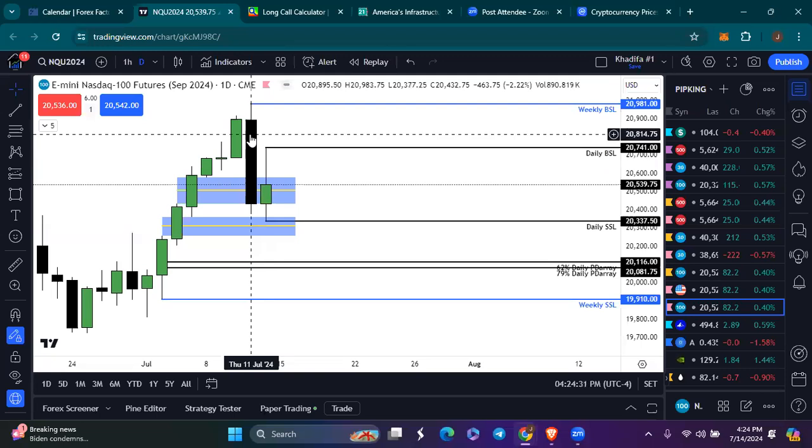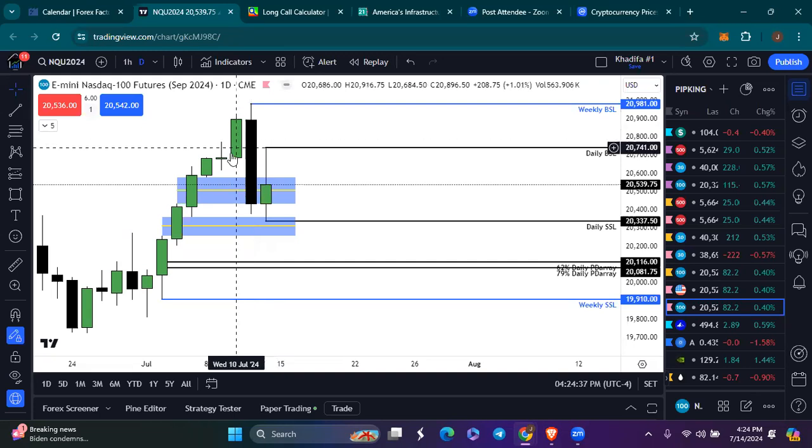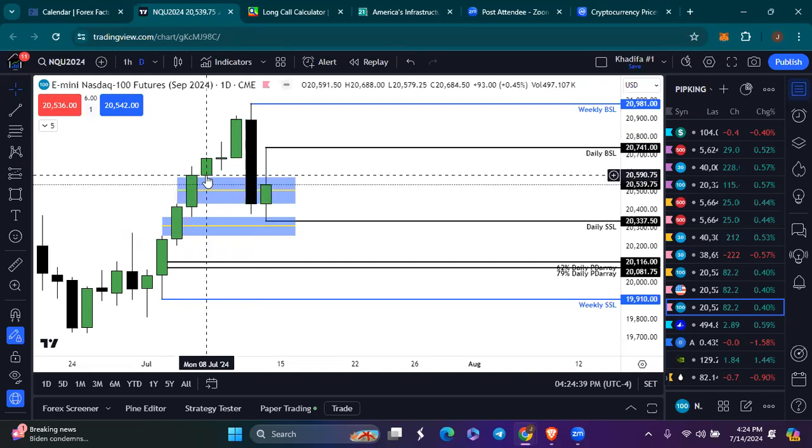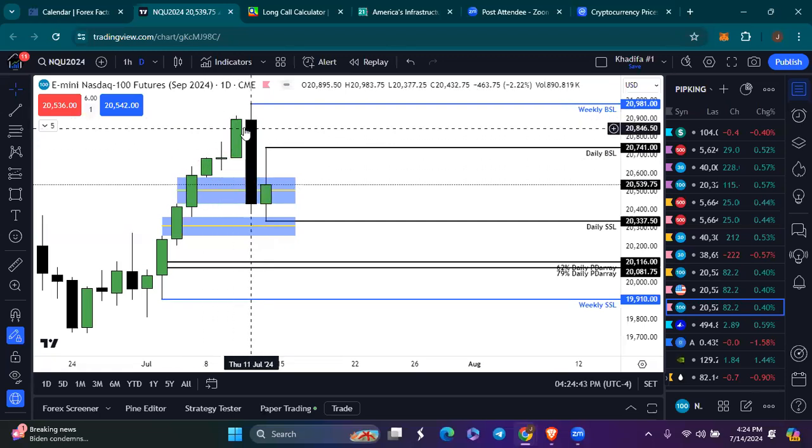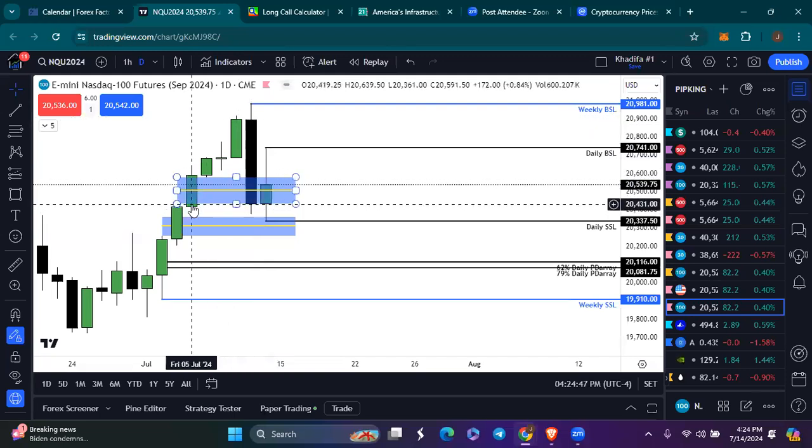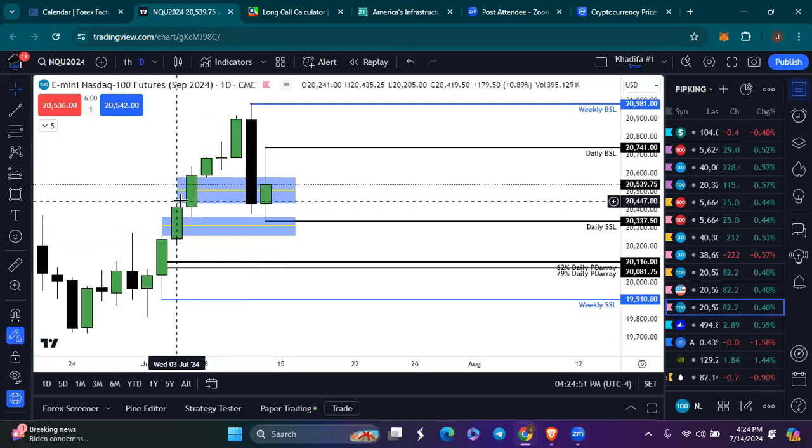And Thursdays typically tend to be what? Pullback days. From Monday to Wednesday, NQ was trending in a bullish trend. Thursday gave us that pullback back down into Friday's daily fair value gap that's shaded in blue here.